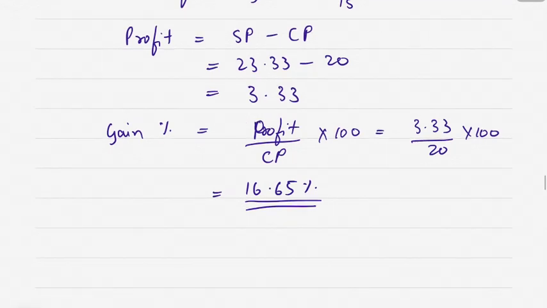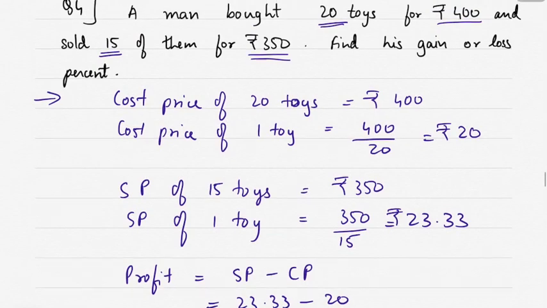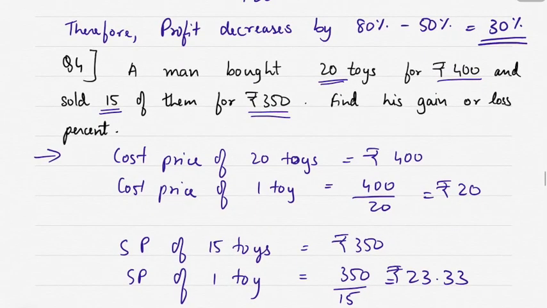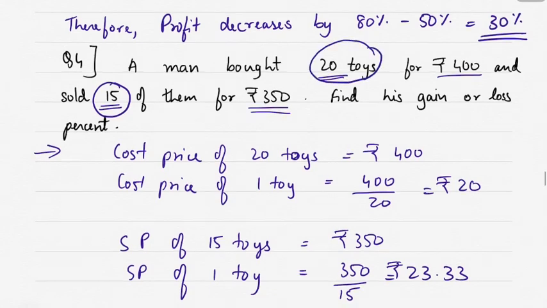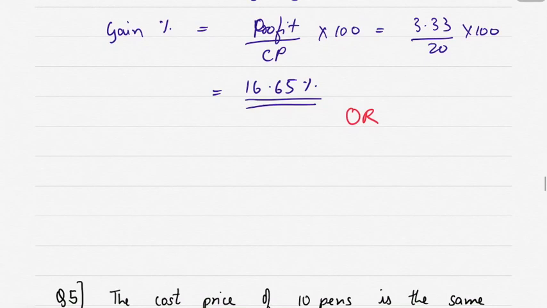One more way of solving is, now you are selling 15 toys. So you have to take cost of 15 toys. Okay. And cost of 20 toys is 400.